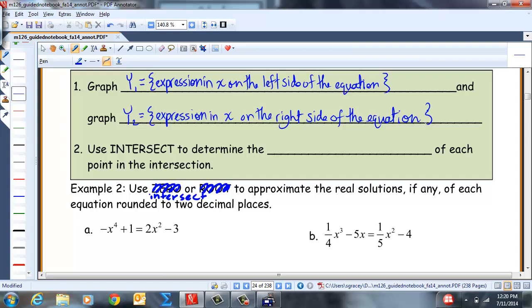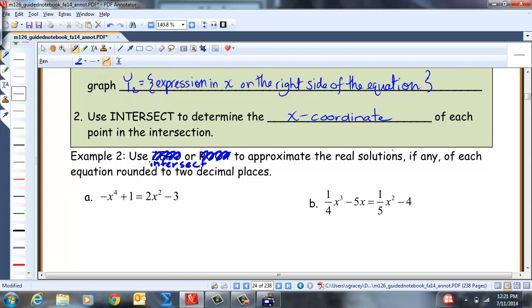Then we use intersect to determine the x-coordinate of each point in the intersection. And that will be our answer.